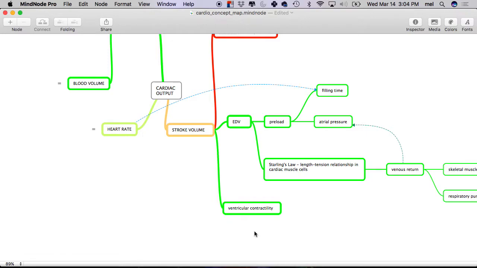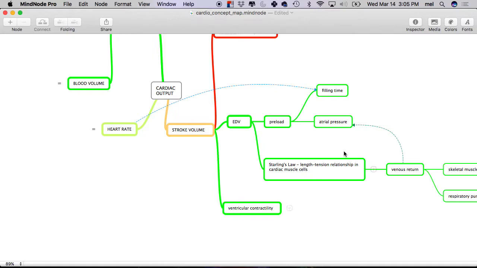So Starling's Law is about the sarcomeres in the muscle fibers, and ventricular contractility is directly hooked up to the myocardium, helping out with the strength. Yes. But then Starling's Law just makes it more efficient. Right? Yeah, it makes it more efficient.